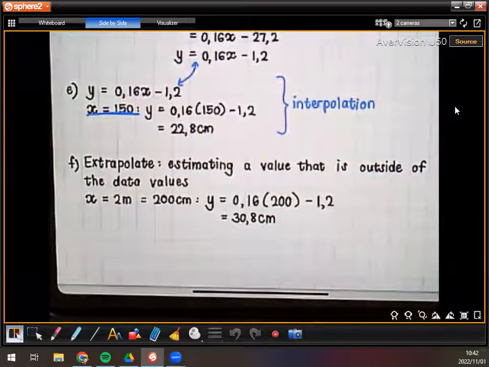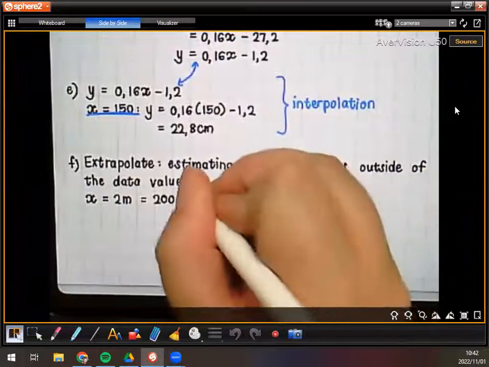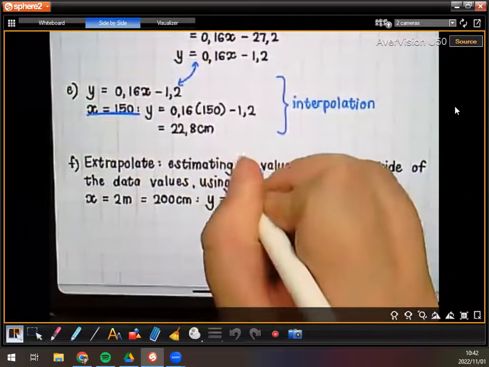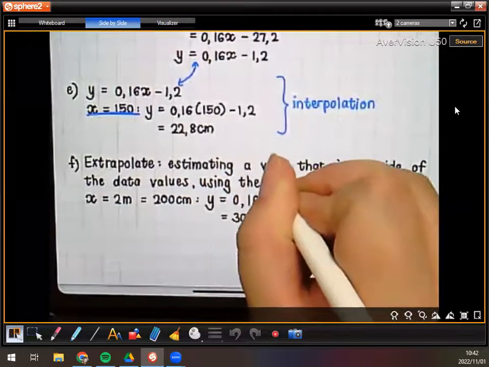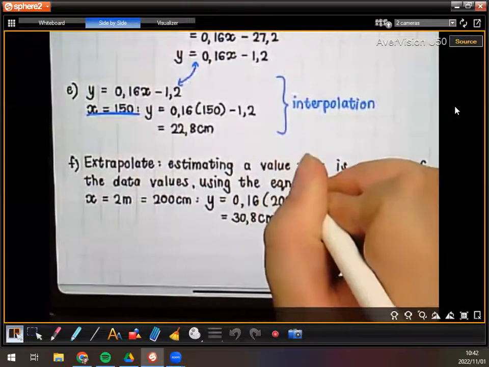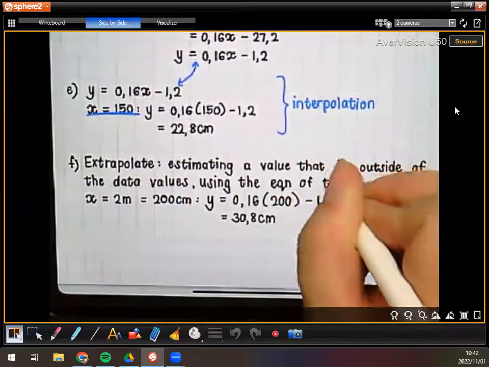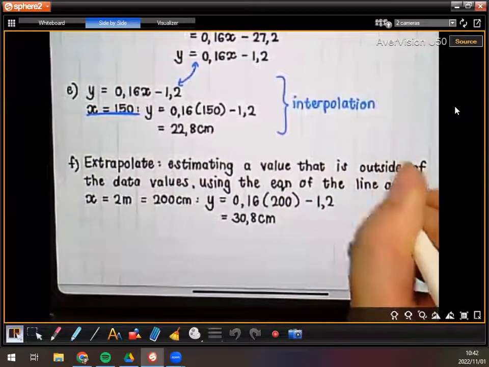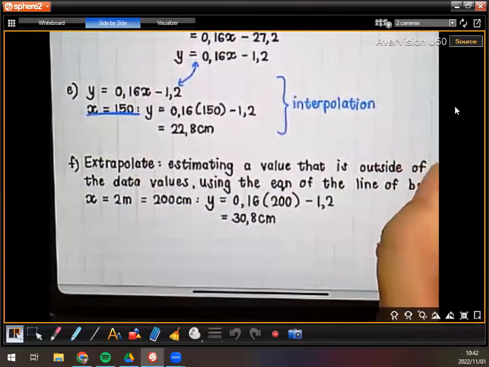Just in case you see the word interpolate or extrapolate, that just means estimate using the equation of the line of this.